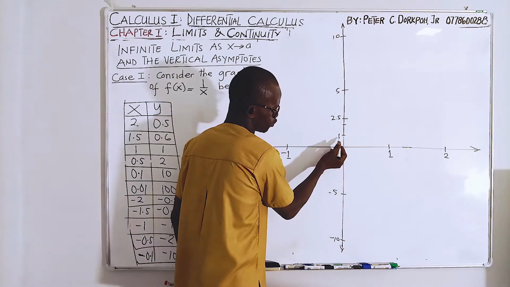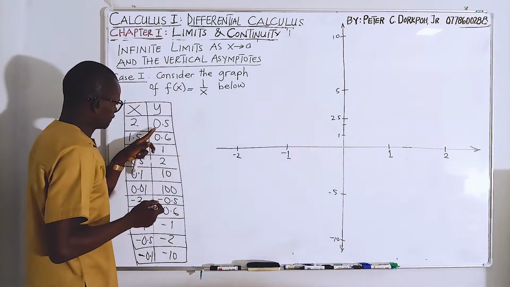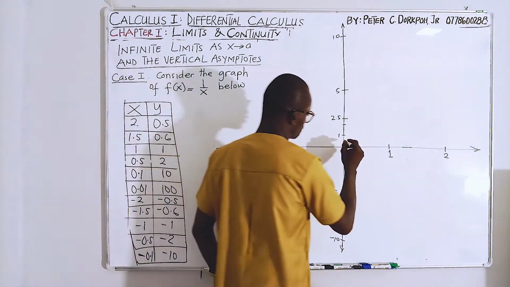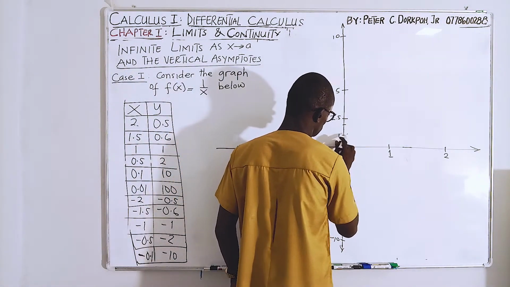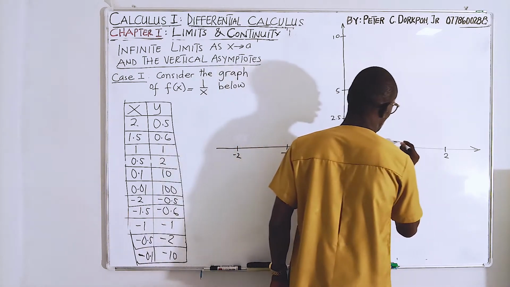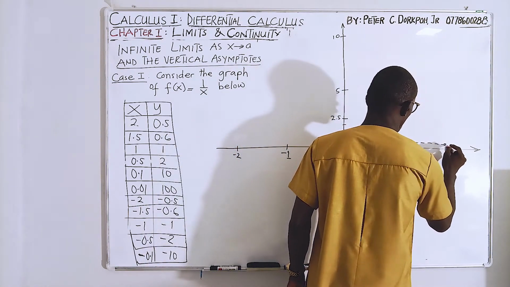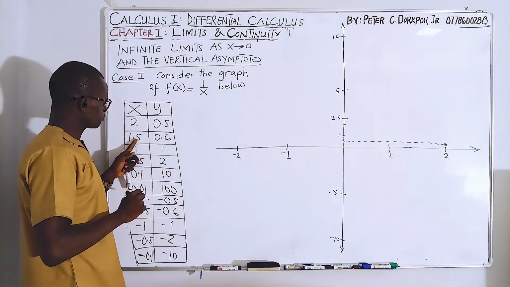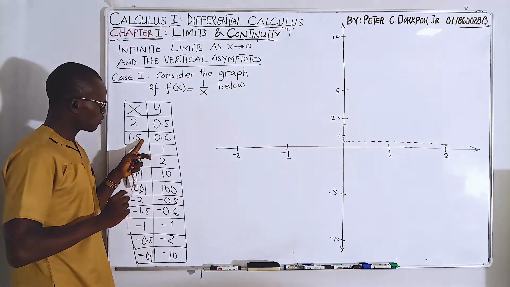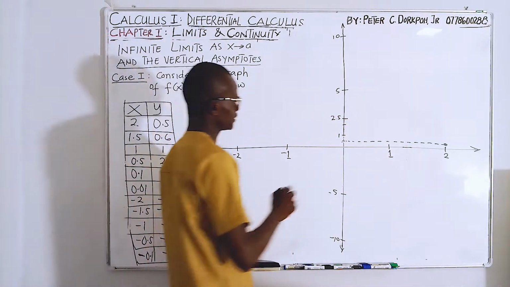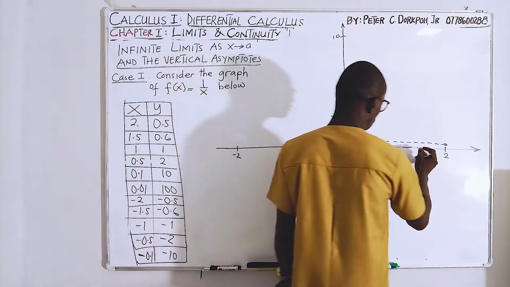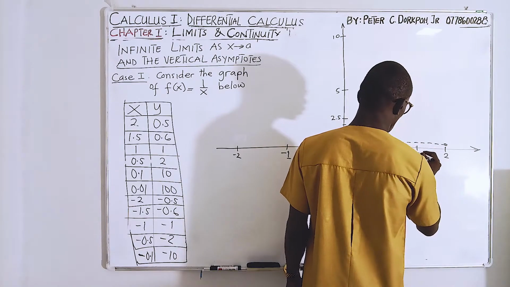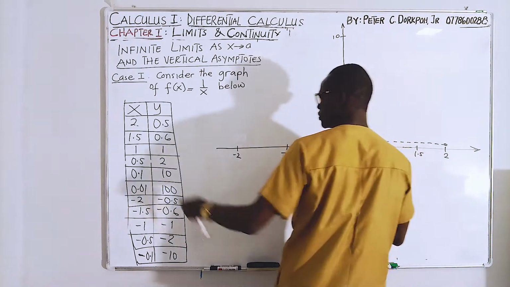So there is 1, and this is 0.5. So 0.5 is found between here. So when x is 2, y is 0.5, around there. When x is 1.5, y will be 0.6.